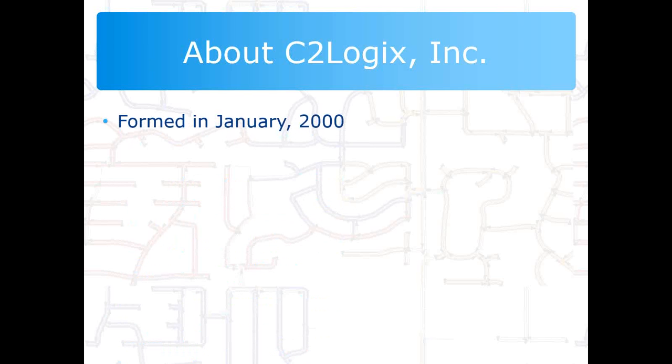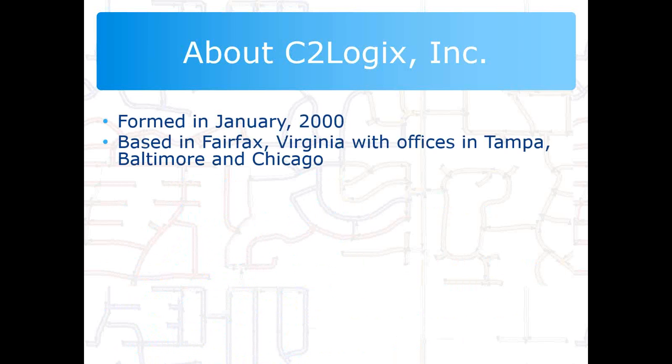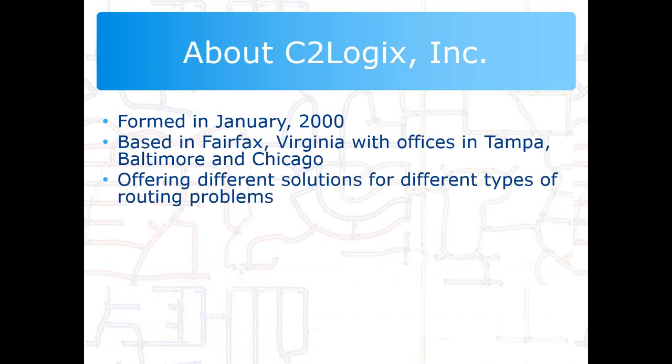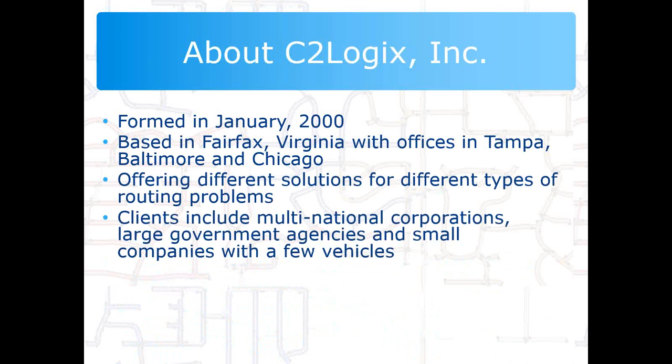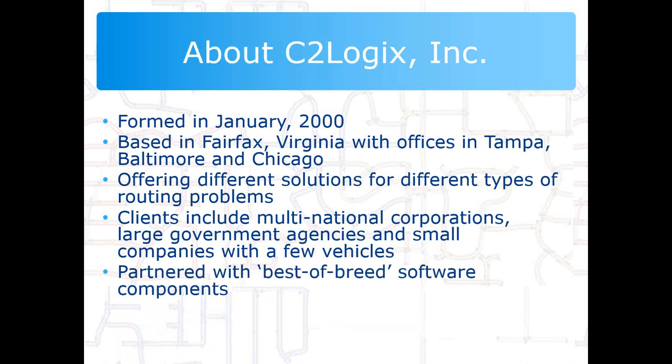I'd like to tell you a little bit about C2 Logix. We were formed in January of 2000, so almost 14 years old, coming up here soon. We're based out of Fairfax, Virginia. We have offices in Tampa, Baltimore, and Chicago. We offer different types of routing solutions for different types of routing problems. Our clients include all types of multinational corporations, large governmental agencies, down to small companies with just a few vehicles.